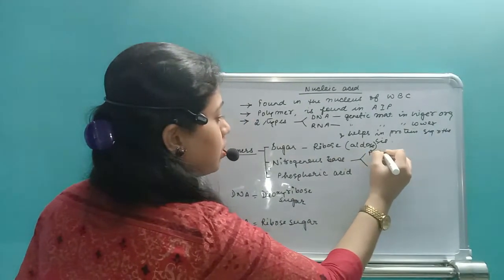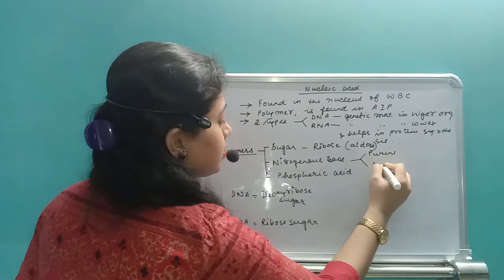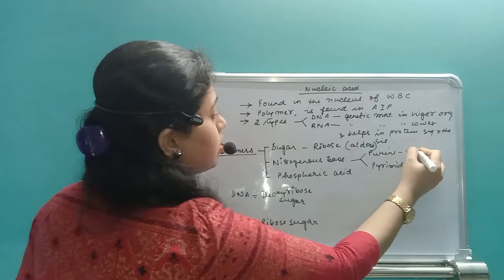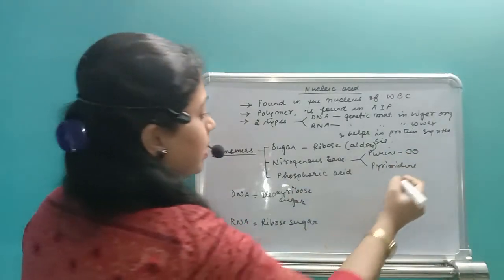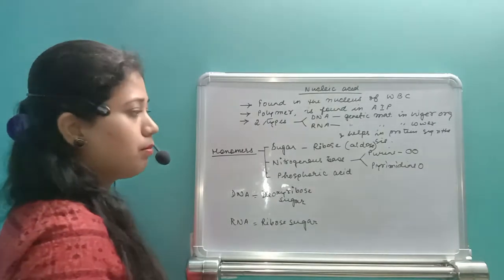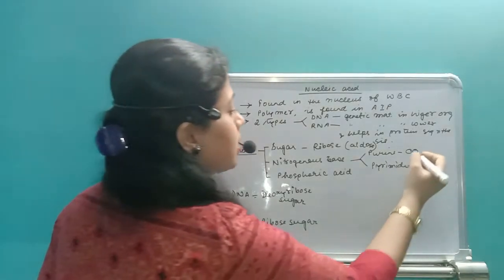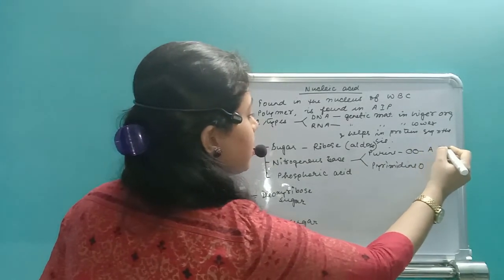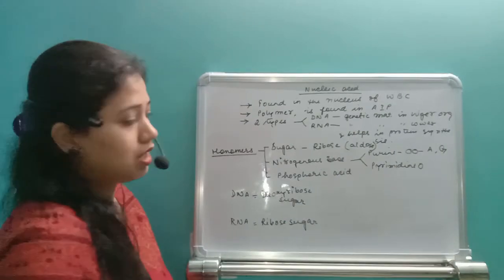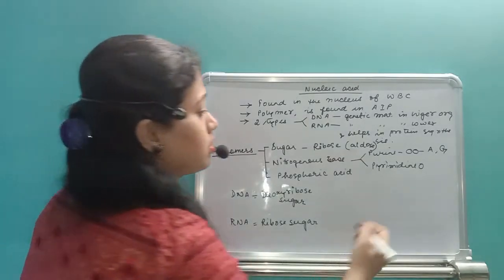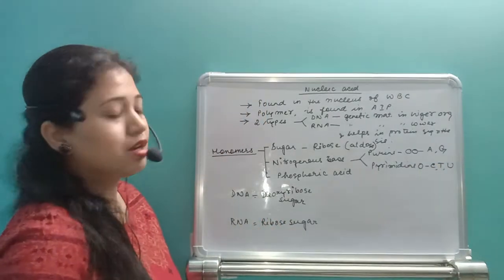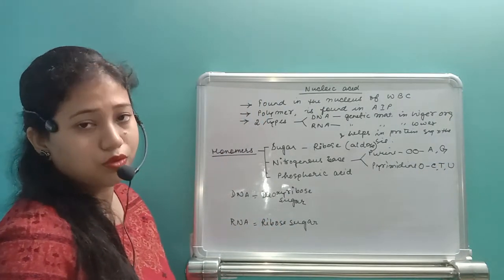One is purine and the second is pyrimidine. Purine is a double ring compound and pyrimidine is a single ring compound. I will show the structure. There are two types of purines, adenine and guanine, and three types of pyrimidines: cytosine, thymine and uracil.